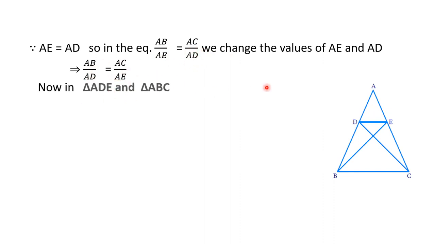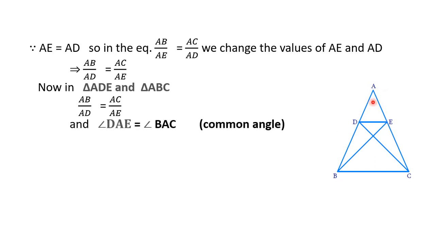So now we can compare the triangles ADE and the big triangle ABC. In these two triangles, AB upon AD is equal to AC upon AE, and angle DAE is included in the small triangle ADE, and angle BAC, that angle A, is again in the big triangle ABC, that is the common angle for both the triangles.